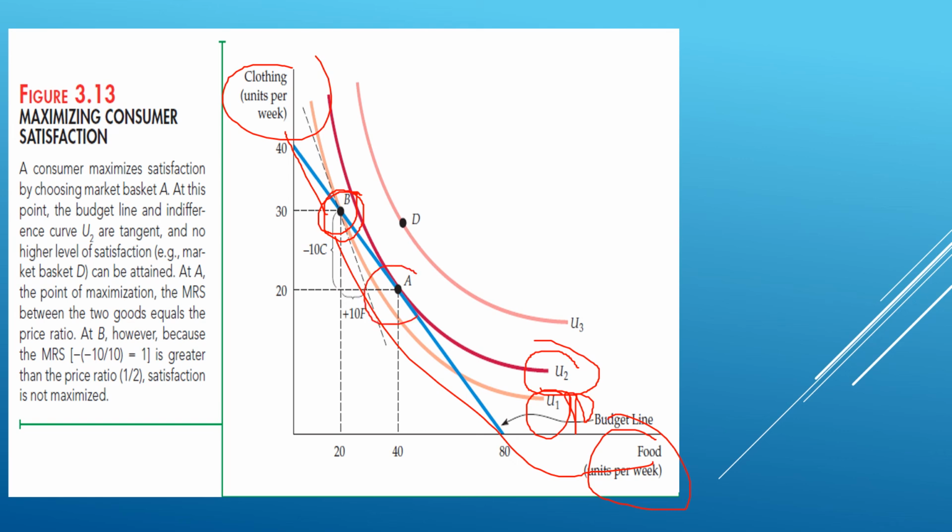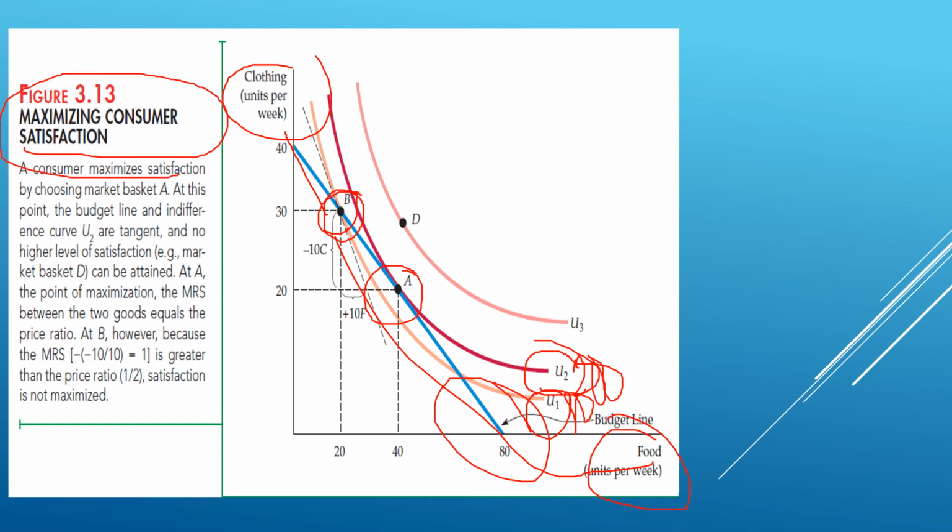But if you choose market basket A, then you are going to have 200 worth of satisfaction. Okay, so that's how you're going to choose. You can only choose a combination of goods that touches the budget line because that is the limit of your income. Okay, so that's how you're going to maximize your own satisfaction.